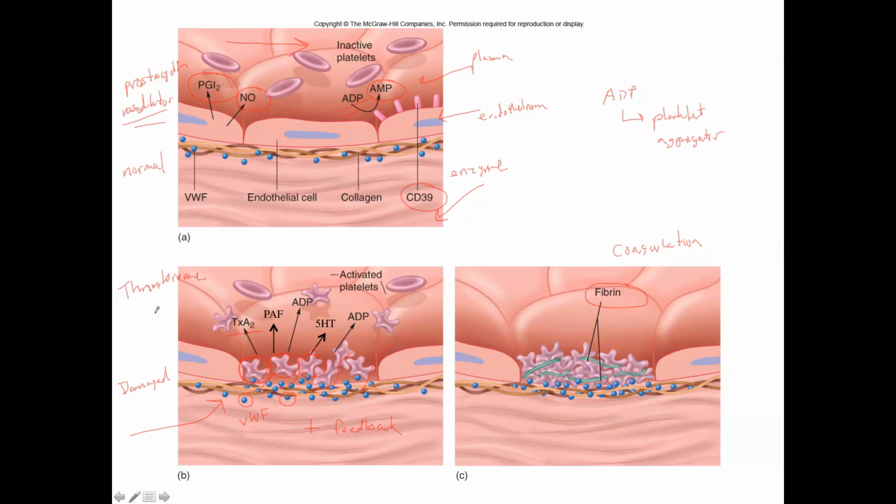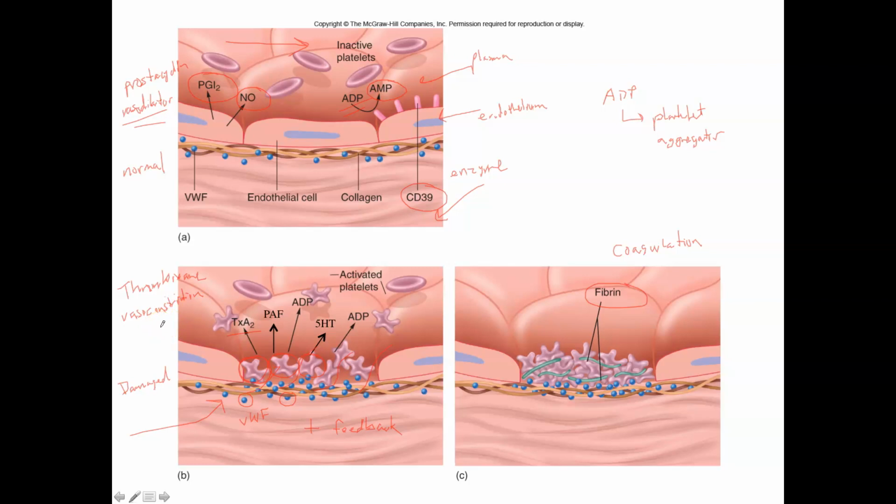Only in this case, this particular prostaglandin, unlike prostacyclin, which is a vasodilator and prevents platelet aggregation, thromboxane is being used as a vasoconstrictor. So this is where we start to see that first process of hemostasis, the vasoconstriction. And this happens rapidly. This happens immediately upon damage to the blood vessel wall.